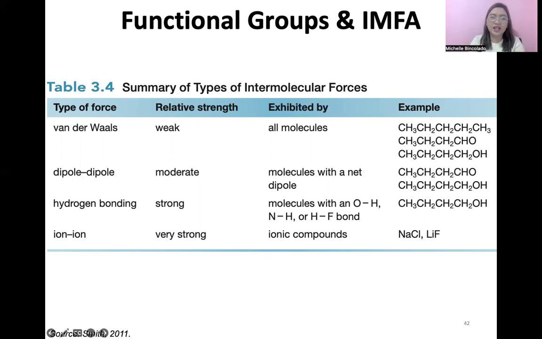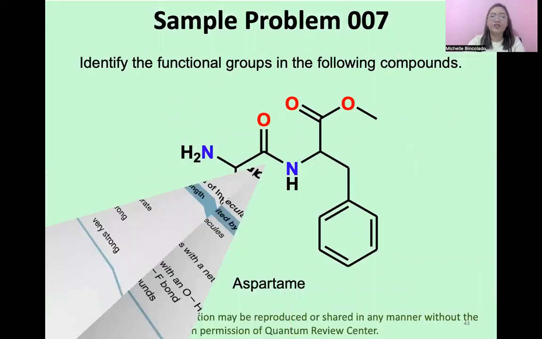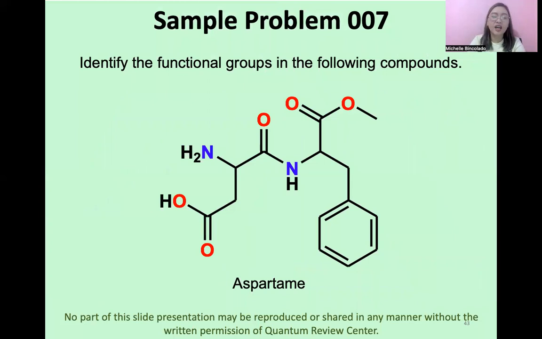So recall lang guys, kasi gagamitin natin yung concept ng IMFA if we want to predict patterns in solubilities, patterns in boiling points, melting points, etc. So very important guys na ma-recall ninyo yung relationship ng functional group kasi ano yung connectivity ng atoms, di ba? And with IMFA.